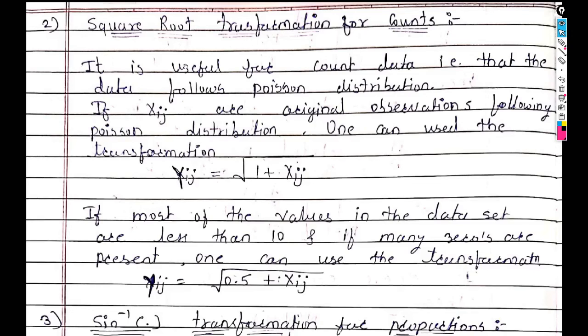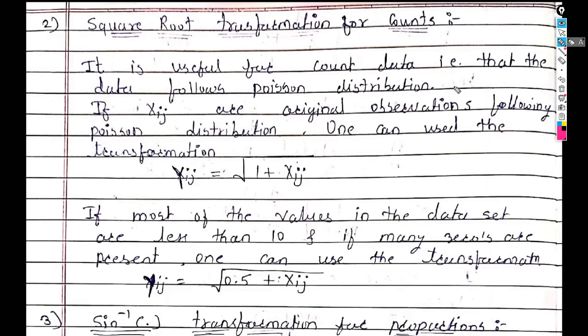This square root transformation is useful for count data, that is, when the data follows a Poisson distribution. So when we get count data, suppose our variable is x and x takes values 0, 1, 2, 3, where x is a random variable which is the number of accidents on Mumbai highway.